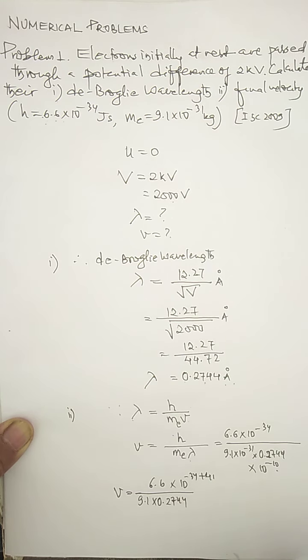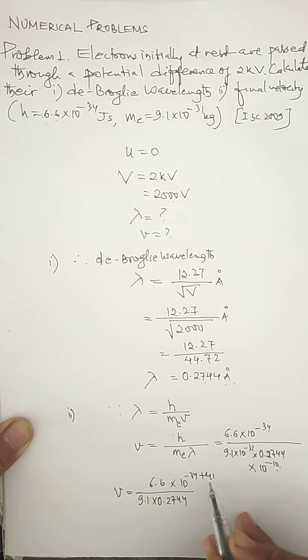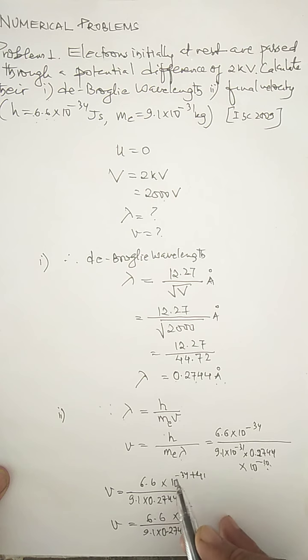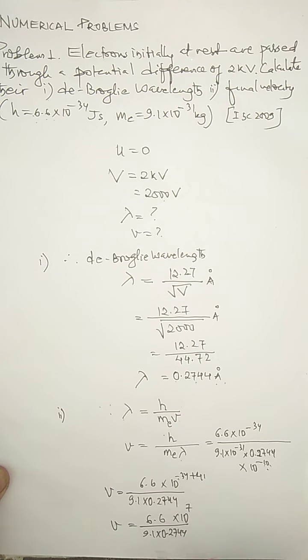So children, I have done this directly here: these two powers will be added, and if I take it in the numerator, the minus 41 becomes plus 41. So it will be 10 to the power minus 34 plus 41. Now 41 minus 34 means 10 to the power 7. Now 6.6 into 10 to the power 7 divided by 9.1 into 0.2744.